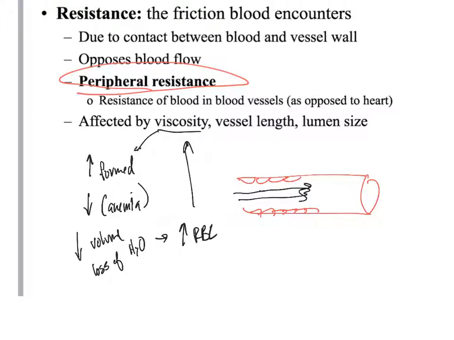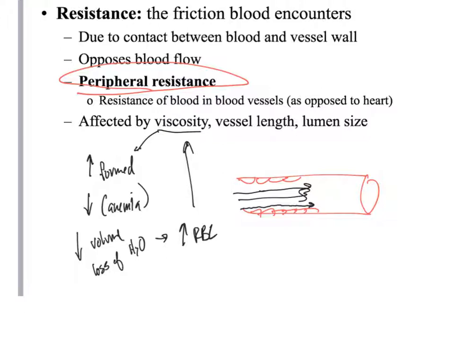But the blood cells that are coming along the vessel wall are bumping onto the sides. They're getting some turbulence, right? The friction is greatest at the vessel wall and least in the middle, because there's solid material within this fluid. So the longer the vessel, the higher the resistance.